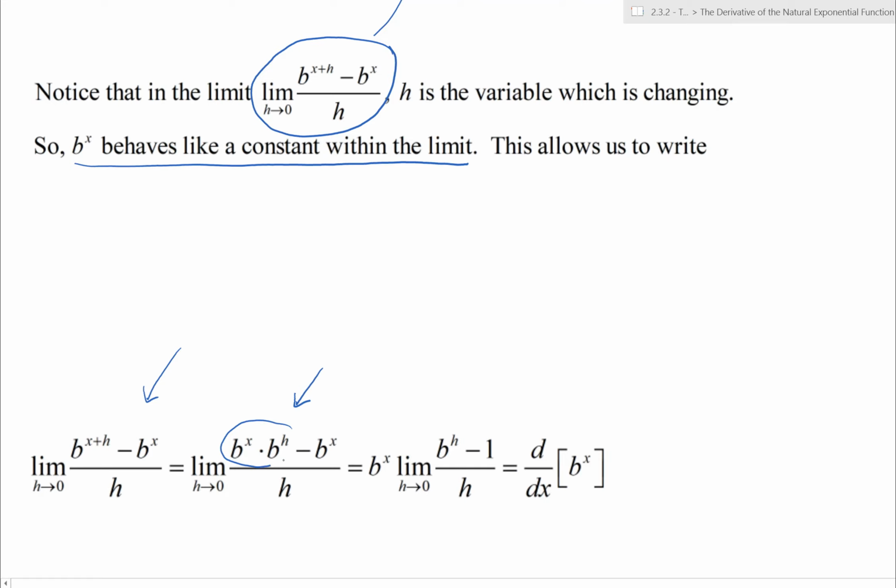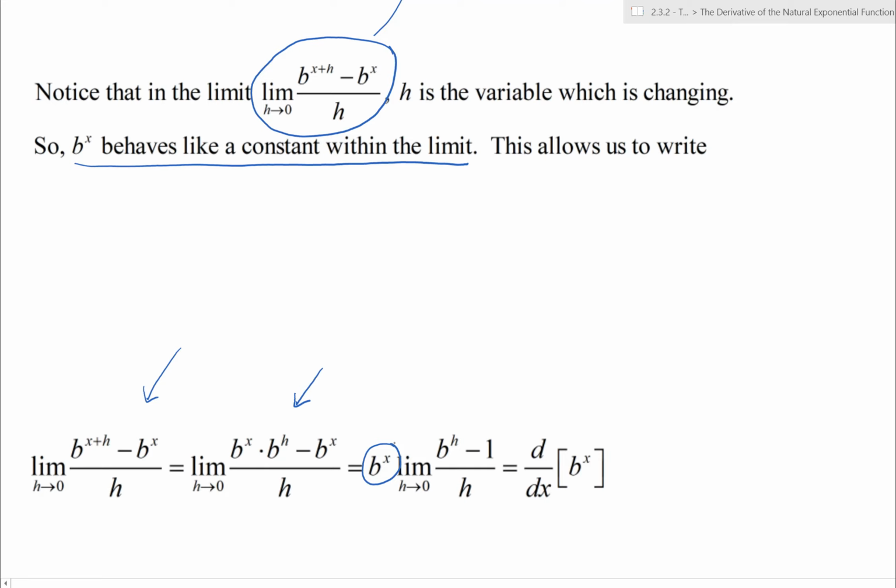In other words, I'm just using properties of exponents to rewrite b to the x plus h as b to the x times b to the h. And again, because b to the x is acting like a constant within the limit, then by the constant multiplier rule for limits, assuming this limit exists, of course, we can take the b to the x out in front, right?